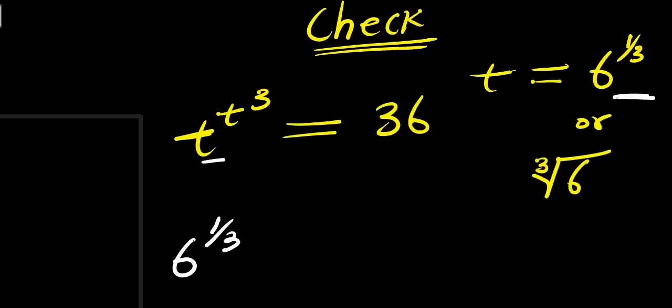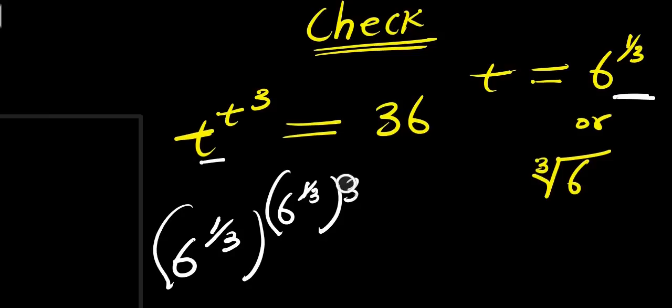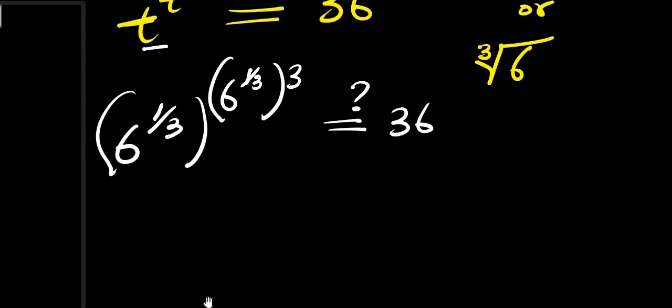This is our first t, raised to the power of, when you use bracket, we have 6 power 1 over 3. And this time around, let me write it well. And this time around, we are going to raise it to the power of 3. Does this equal 36? Now, this is what we are going to do.